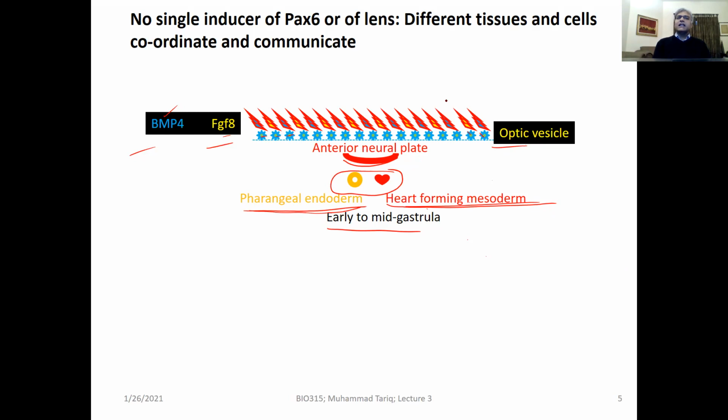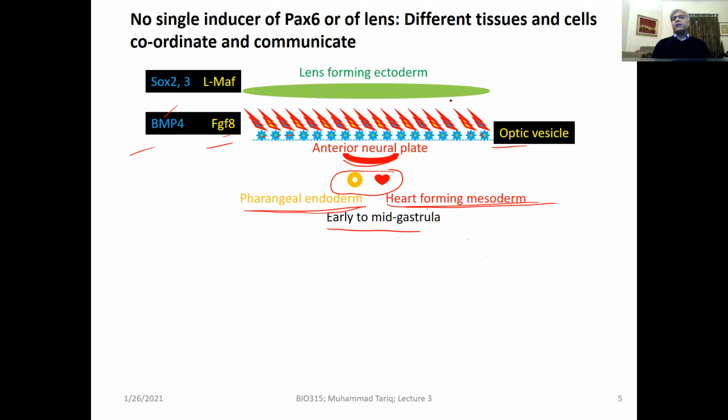Once these signals are produced, they are received by the lens-forming ectoderm, and it starts expressing two transcription factors, SOX2/3 and L-MAF.